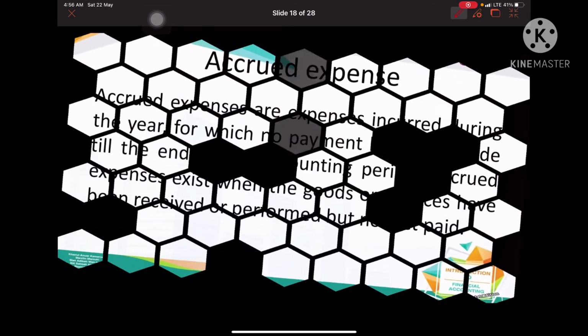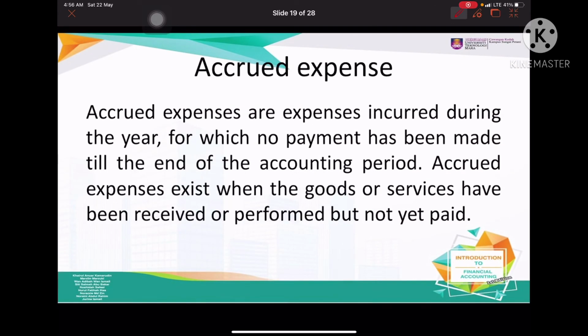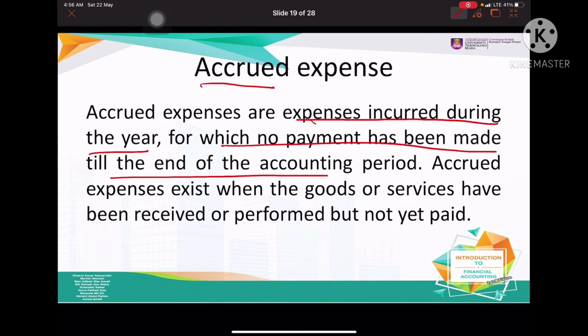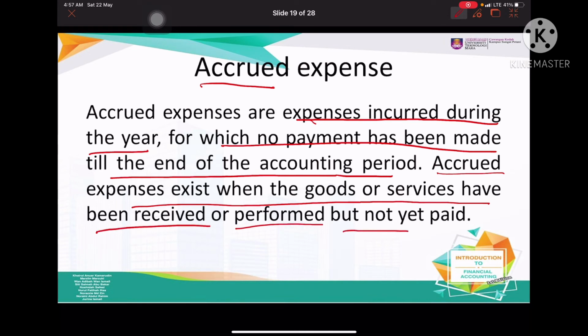Alright, now we move on to accrued expenses. So what are accrued expenses? They are expenses incurred during the year for which no payment has been made by the end of the accounting period. It means that until 31st December, we have not made full payment for our expenses. Accrued expenses exist when goods or services have been received or performed but not yet paid.